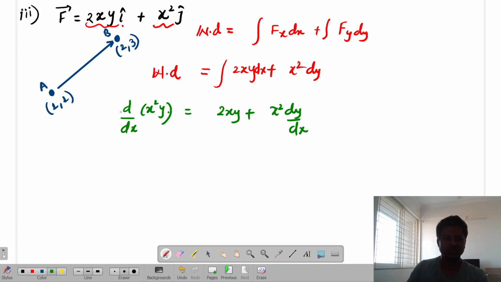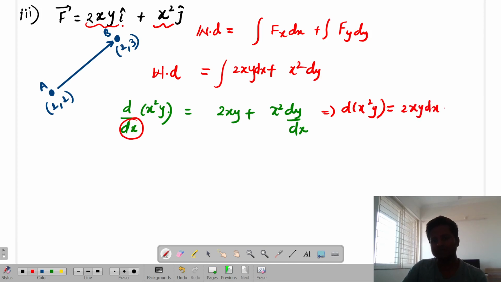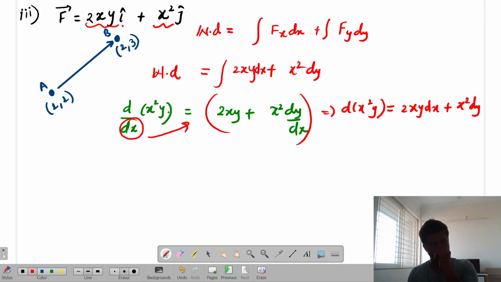Just send this dx to the right hand side. So d of x square y is equal to 2xy dx plus x square dy. I just multiplied with the right hand side. Are you able to get me? That exactly matches the equation I gave over here or not?